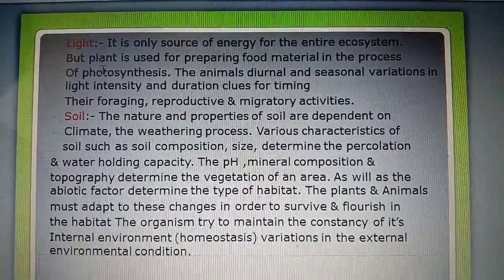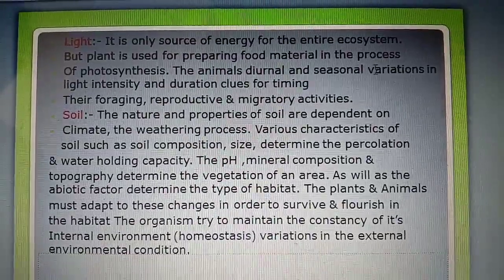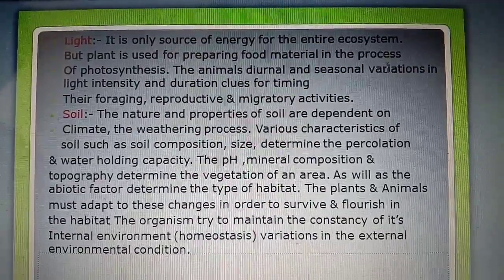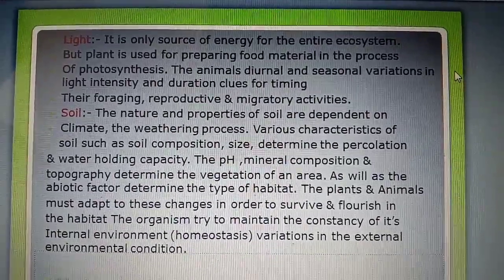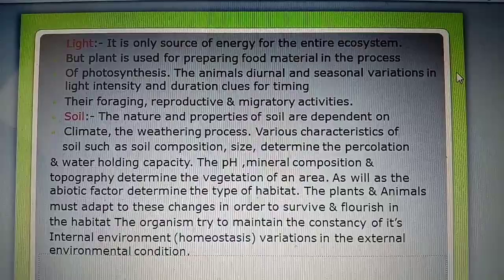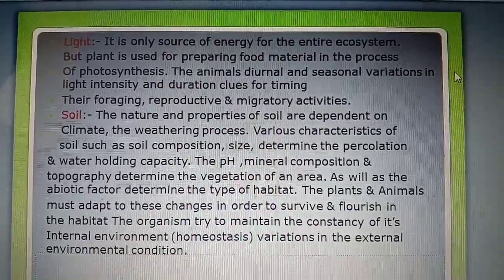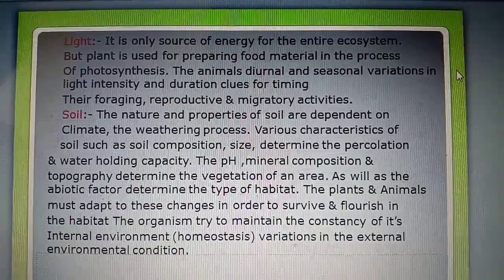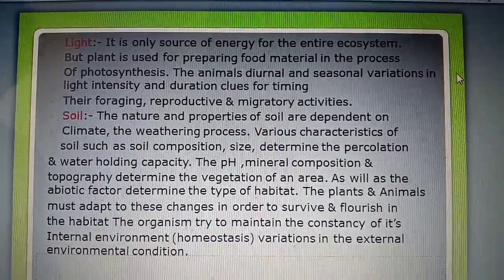In plants it is used for preparing food material in the process of photosynthesis with the help of chlorophyll pigments. For animals, diurnal and seasonal variations in light intensity and duration provide clues for timing.